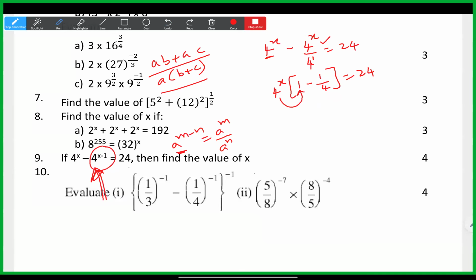If you want, you can just multiply it and check. 4 power x into 1 is 4 power x. 4 power x into 1 by 4 is 4 power x by 4 only, you will get it again. Yes, sir. So now 4 power x into (1 minus 1 by 4), LCM you have to do. 1 by 1 is 4 by 4, so 4 minus 1 by 4. Whenever there is subtraction and addition, it is LCM, no?